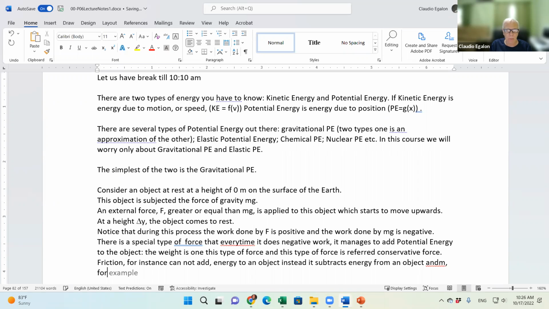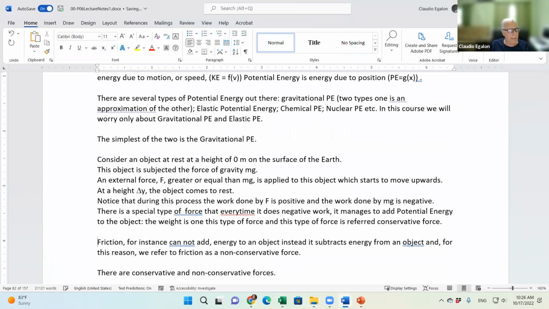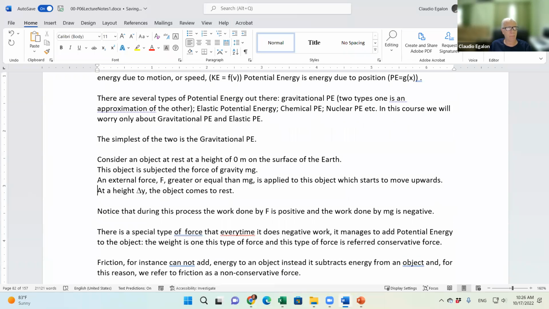And for this reason, we refer to friction as a non-conservative force. So remember, there are conservative and non-conservative forces. Okay, remember that. The weight being a conservative force.